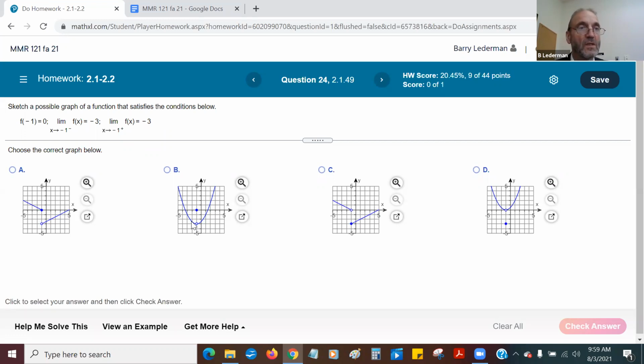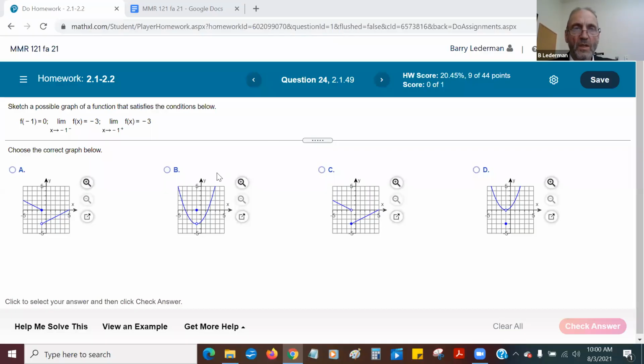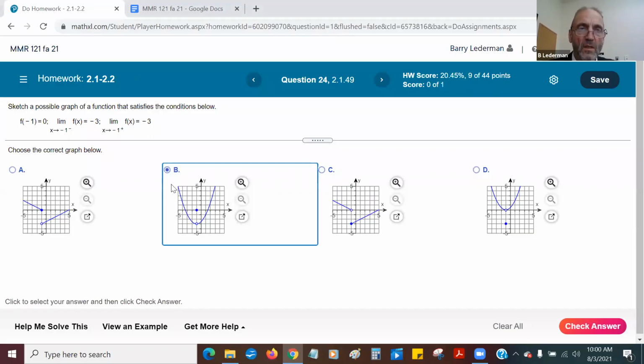Oh, sorry, f of -1 equals 0. And as it approaches -1, none of these look that great. Which one would it be? I want you to look at this and let's decide. Is it A, B, C, or D? The one that looks like it is B.